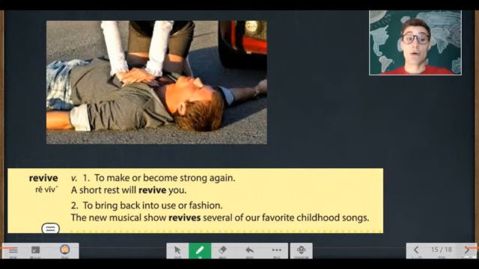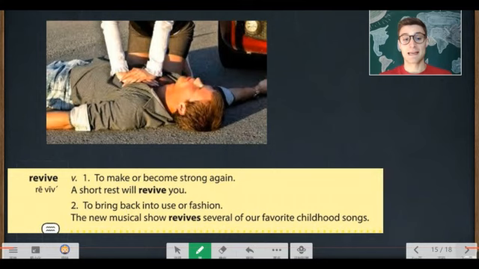Next, it's revive. This word has two verb meanings. First, revive means to make or become strong again. A short rest will revive you. So if you run very far, you can rest for 5 minutes to become revived. Become strong again.